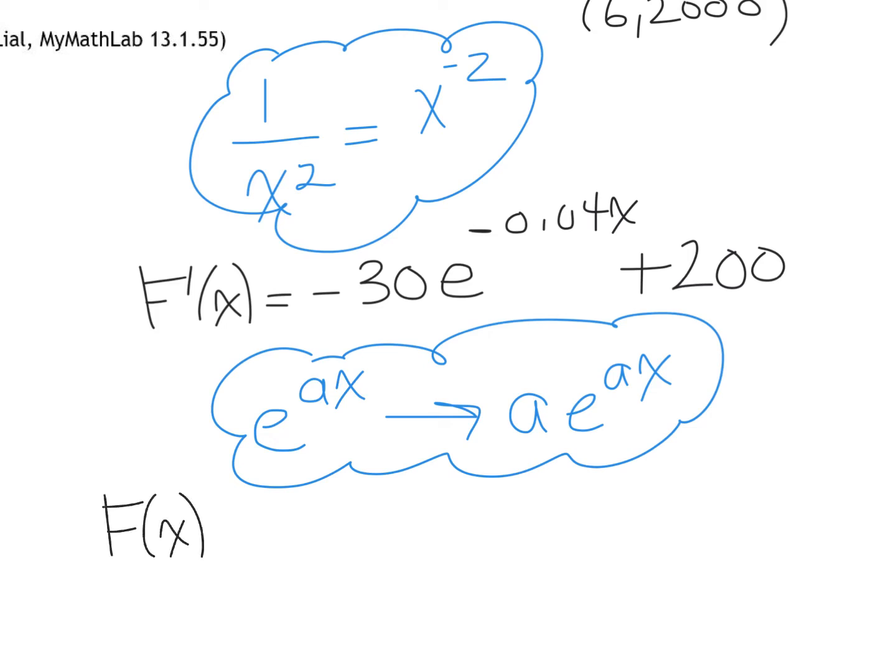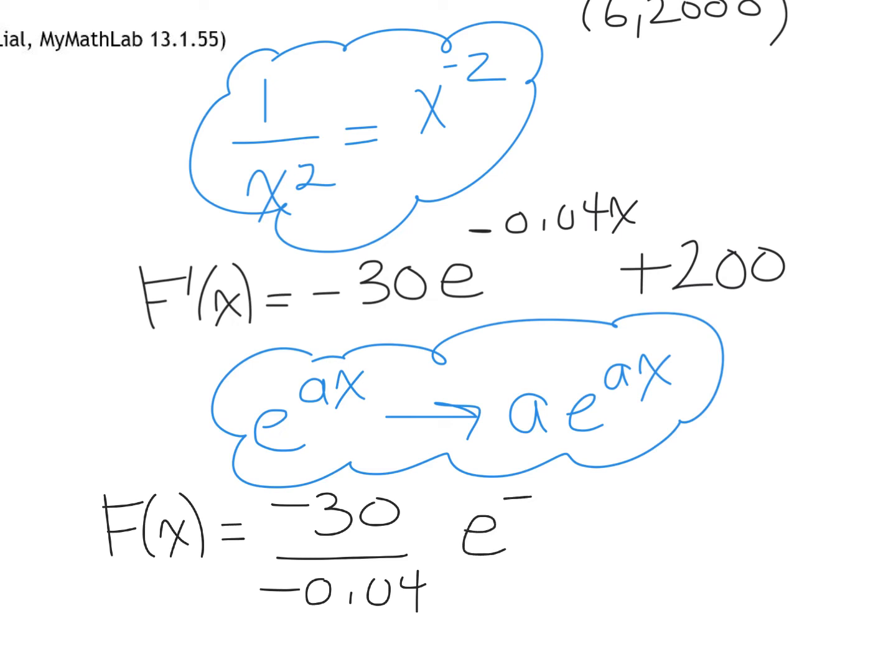So we're finding the original function. Minus 30 resulted from some number times the a part, the a coefficient. So to reverse that, we divide by whatever the a value is. In this case, it's negative 0.04. So negative 30 divided by negative 0.04.